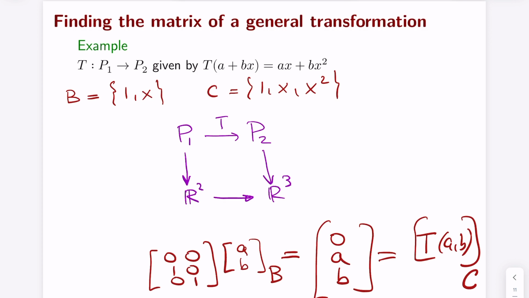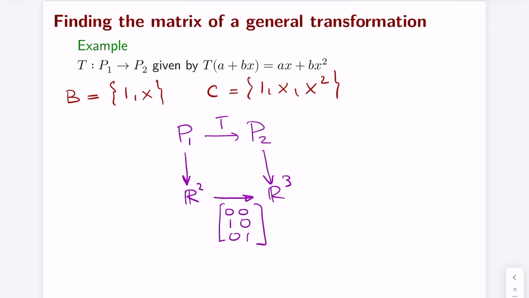So this matrix here will allow us now to travel around all this diagram in any way we want. So for instance, if we start with a polynomial a plus bx, we transform this one into the coordinates in R2. The coordinates are going to be just ab.